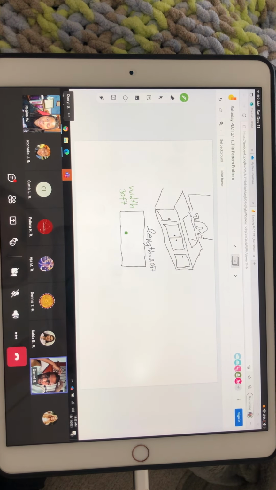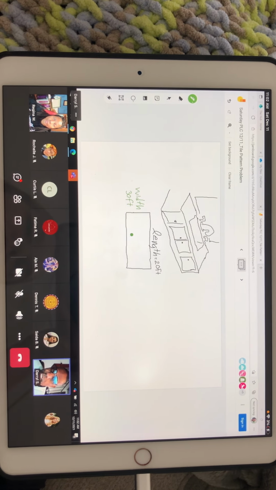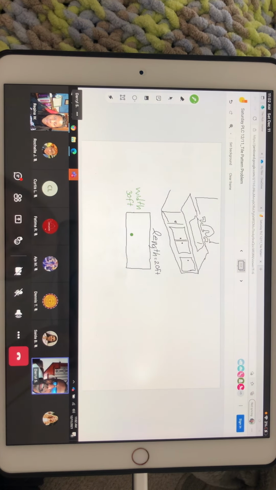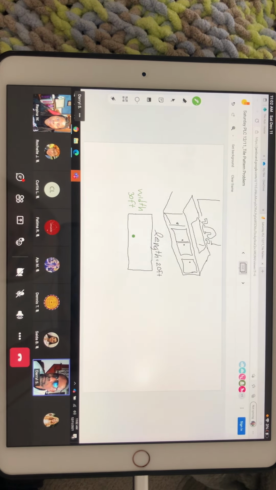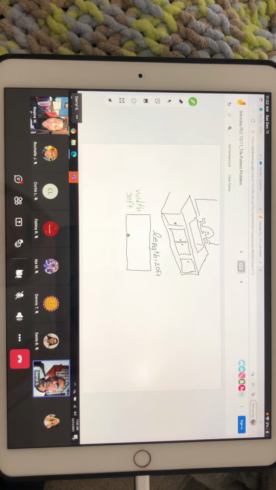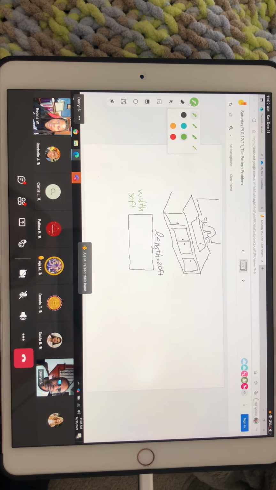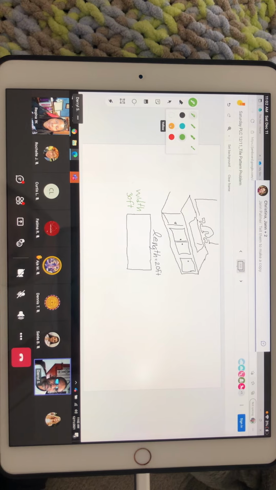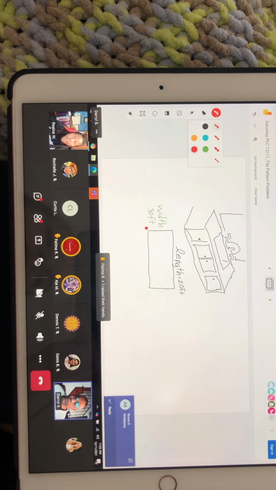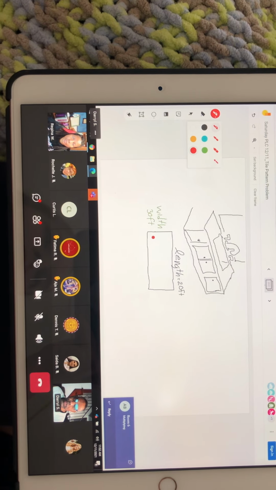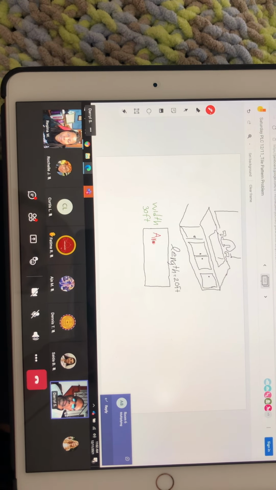So I'm just going to ask, if my length is 20 feet and my width is 30 feet, can anybody just tell me how I would find mathematically the area of this rectangle? Curtis, Fatima, anybody know? You multiply length times width. Yeah, gotta multiply the length times the width.